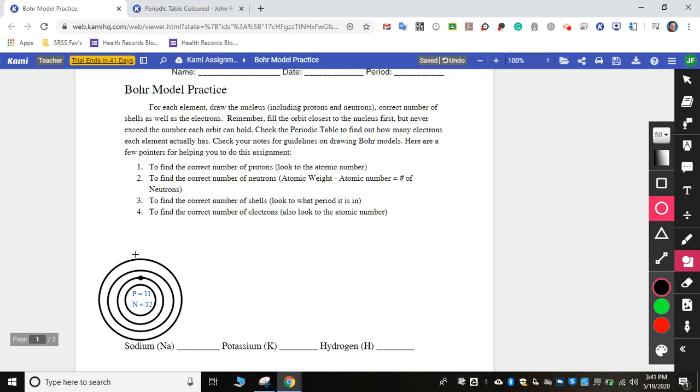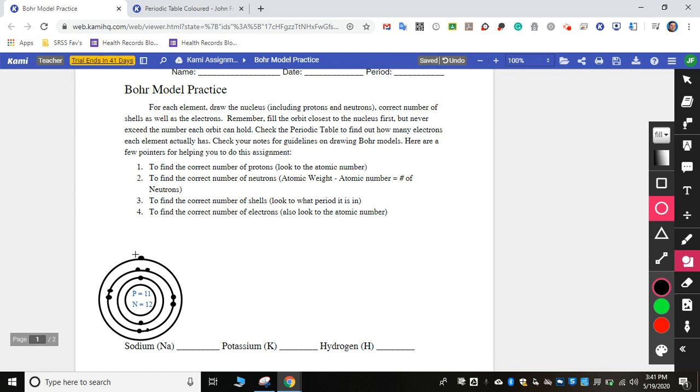So the first one, and how many can go on the first shell? Right, 2. Then we continue to go by ones. So that's 3, 4, 5, 6, 7, 8, 9, 10, and finally 11. And that's how you would draw a Bohr model for sodium.